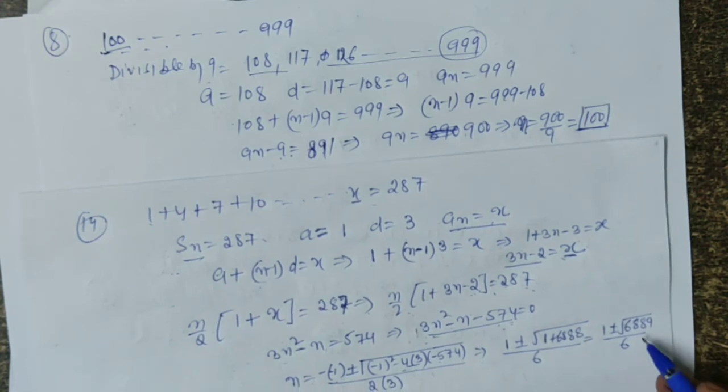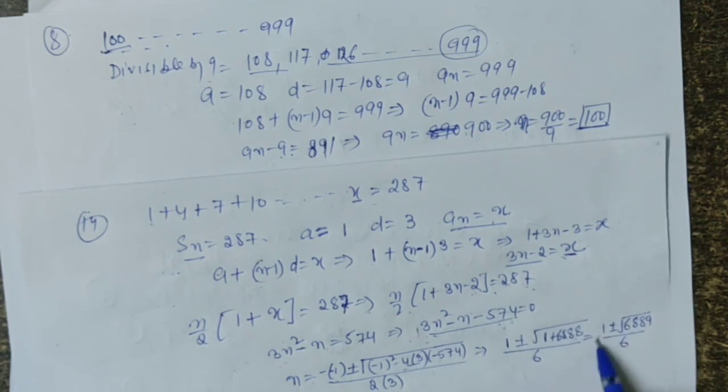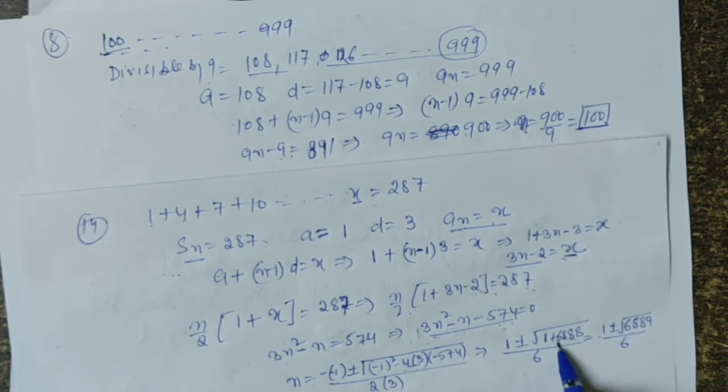Now you just go for the under root of 6889. I think its calculation is okay. 12 12 4 is 48, 12 5 is 84, 12 7 is 84, 7 plus 8 is 84, then 6.